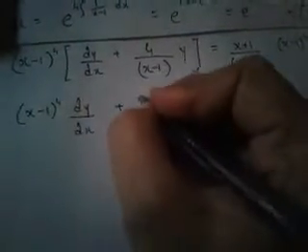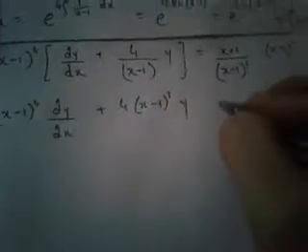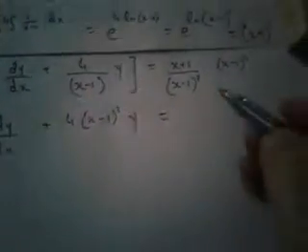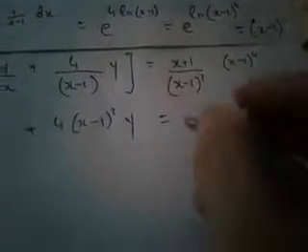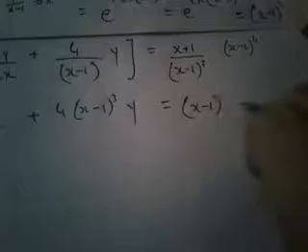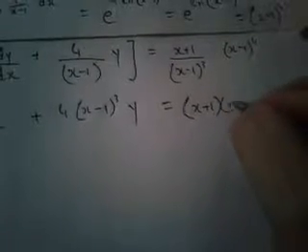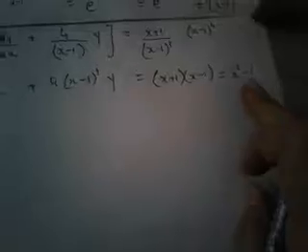When I multiply this thing with this, I'm going to get 4 times x minus 1 power 3 times y. And over here, once x minus 1 power 4 and x minus 1 power 3 are multiplied, I'm going to have this thing left, and this is actually x squared minus 1. Okay, so this thing is equal to this here.